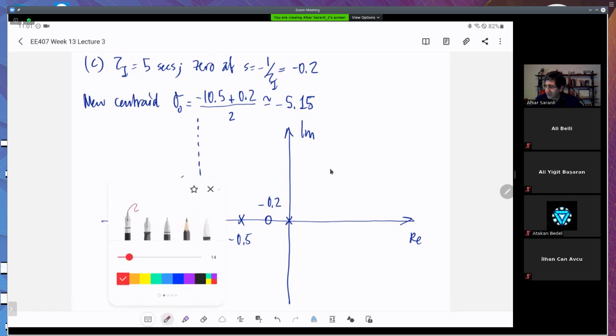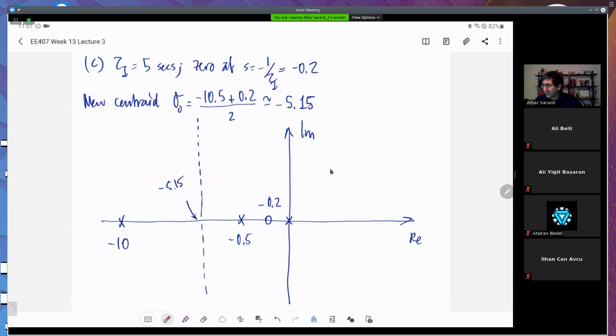Okay, so let's make our sketch. Now what is interesting is what's happening on the real line, because you see that for the entire gain range, I am now squeezed in this range between the pole and the zero. And over here, I have two poles, so I will start from the poles. I don't know where the breakaway point is.